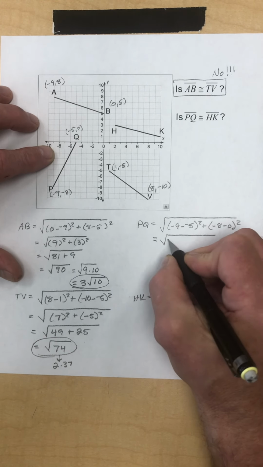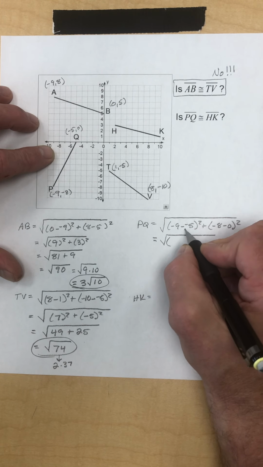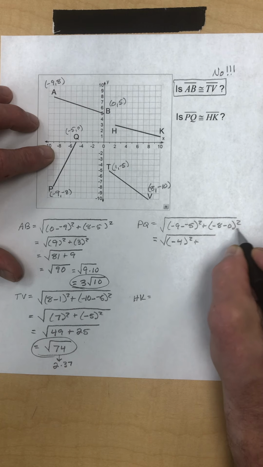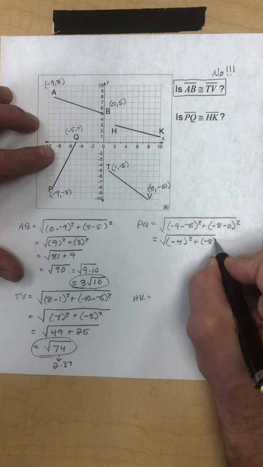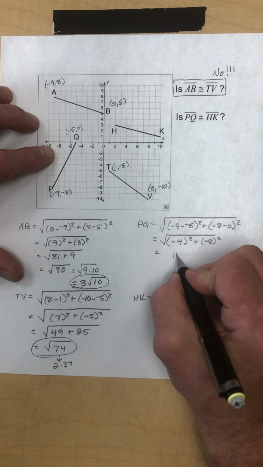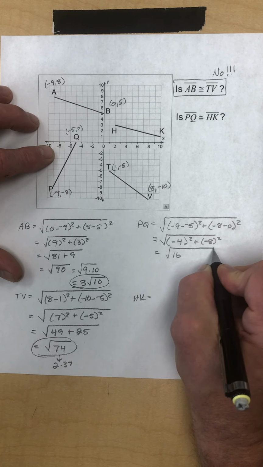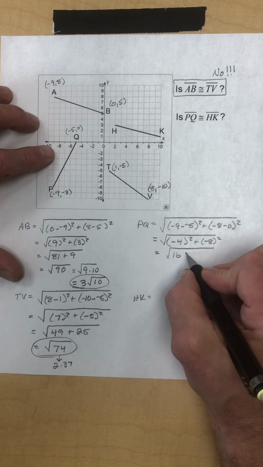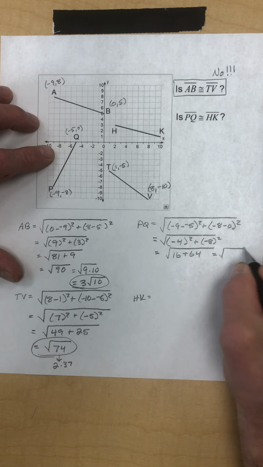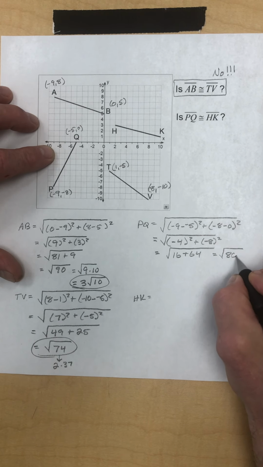All right, so let's see. -9 minus a -5, that'd be -4 squared. -8 minus 0 obviously is -8 squared. Okay, so negative 4 squared is 16, and 8 squared is 64. So when I add those, I get the square root of 80.